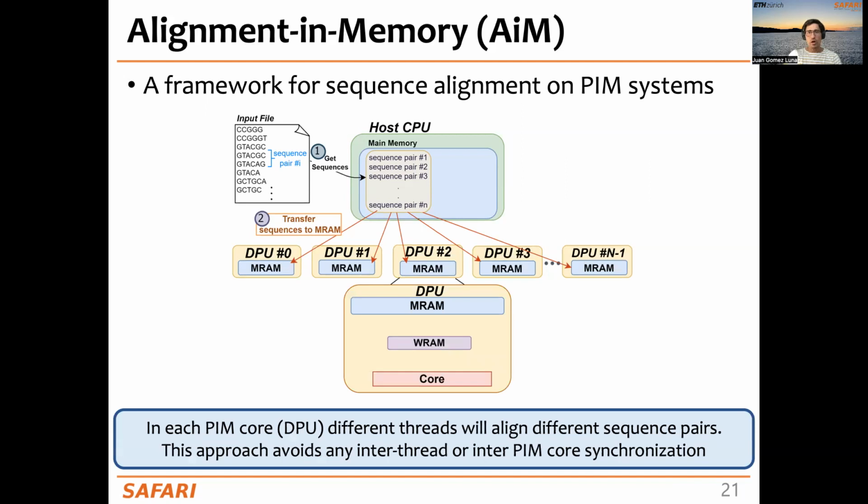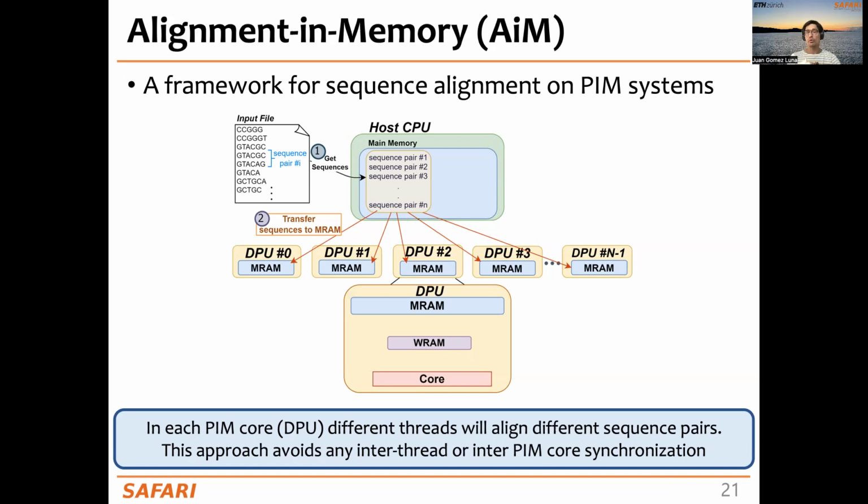In the next step, inside each PIM core, we will have the different threads aligning sequence pairs. One important consideration in this framework is that the different PIM threads are going to work individually on different alignments. Each PIM core receives a bunch of sequence pairs, and these are further distributed over the available PIM threads, such that different PIM threads work completely independently on different alignments.